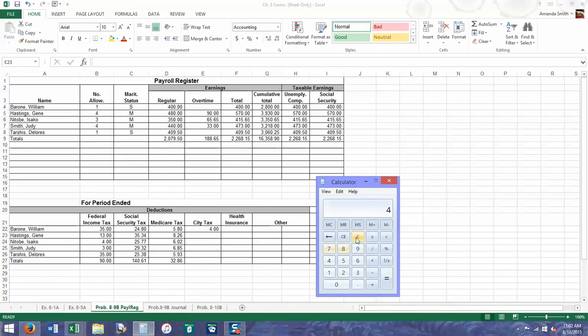If you want to make sure that you do it correctly, you can do the 400 times the 1%. Gives you the same amount.